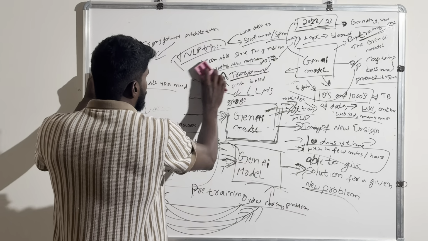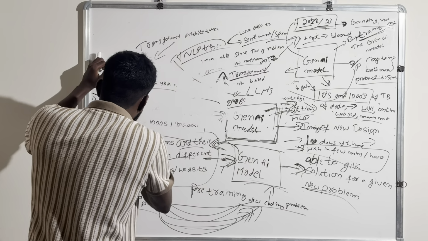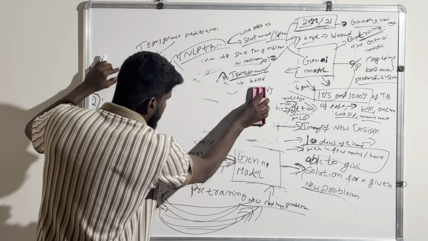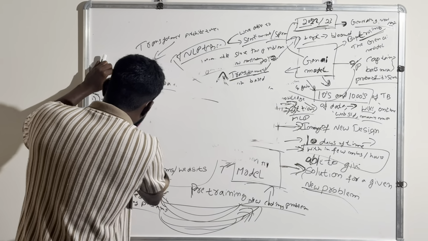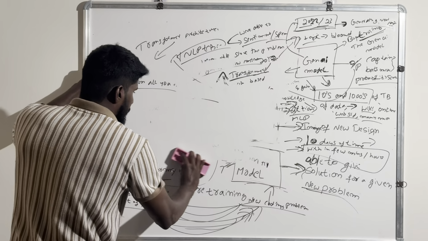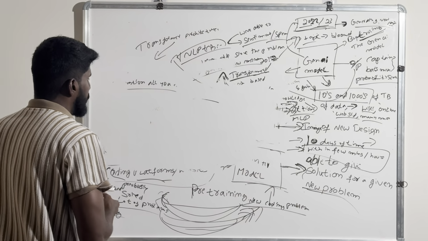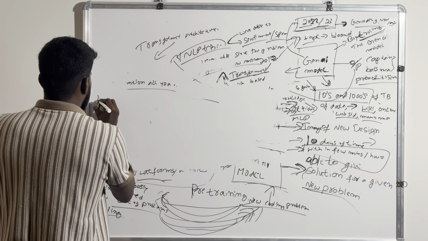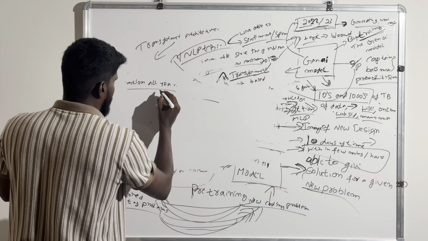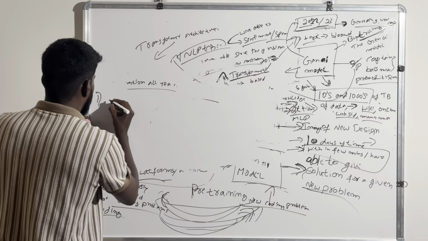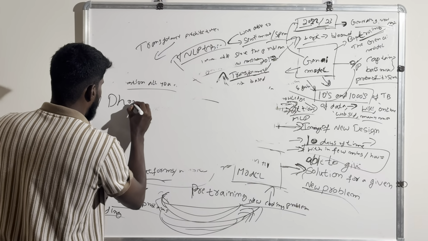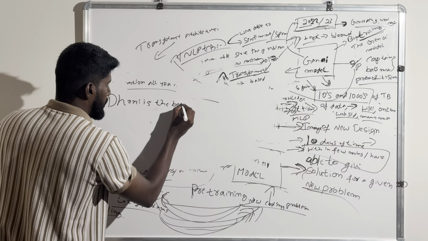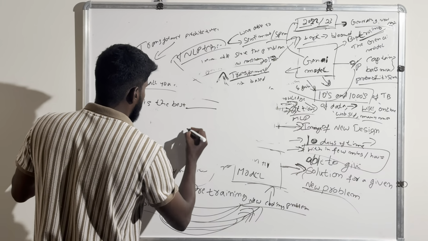Why couldn't it solve generating new content? Because it couldn't retain the context. Correct, right? For example, take the first example which we talked about: "Dhoni is the best dash."